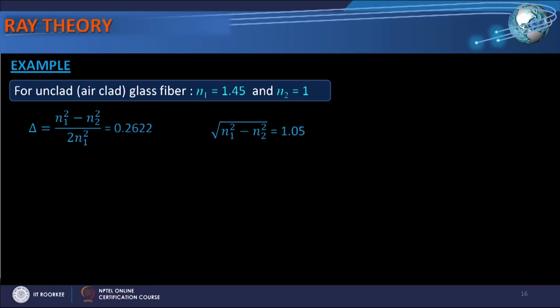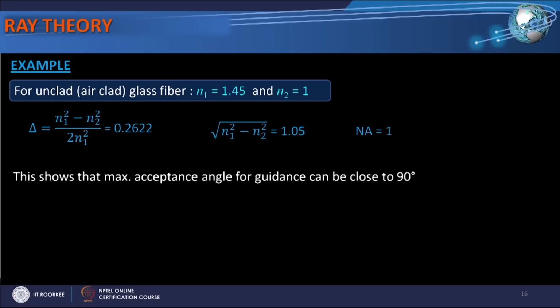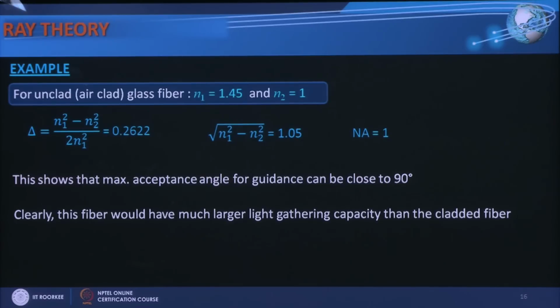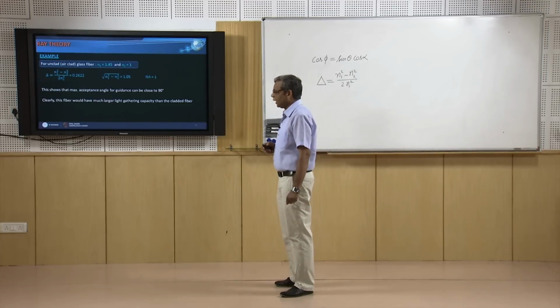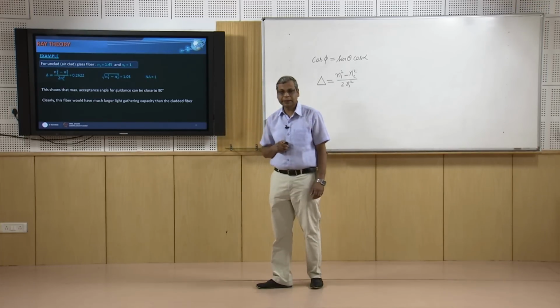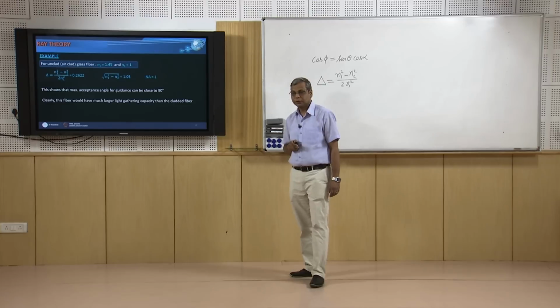This shows that the maximum acceptance angle for guidance can be close to 90 degrees, because NA is equal to 1, sin θ_max is equal to 1. Clearly, this fiber would have much more light gathering capacity as compared to a cladded fiber.